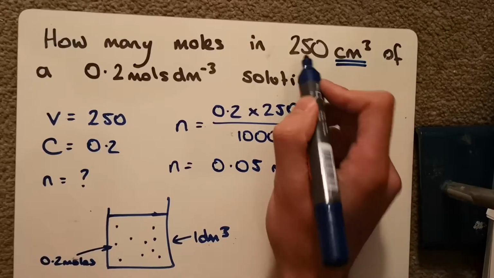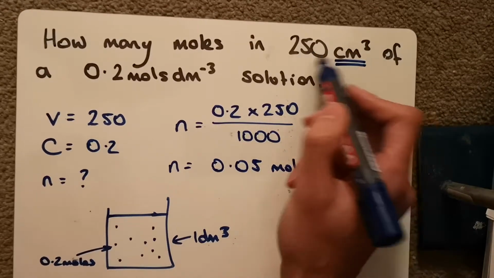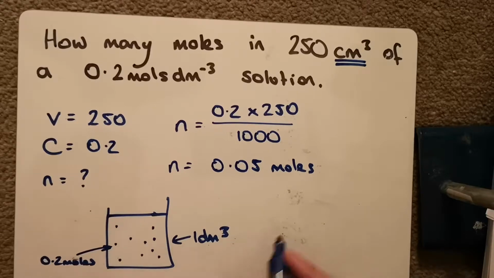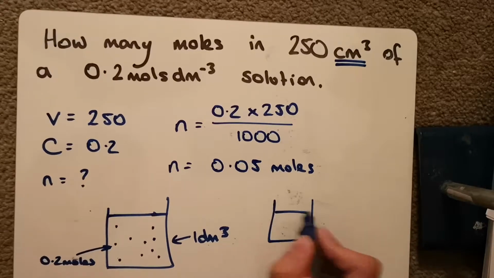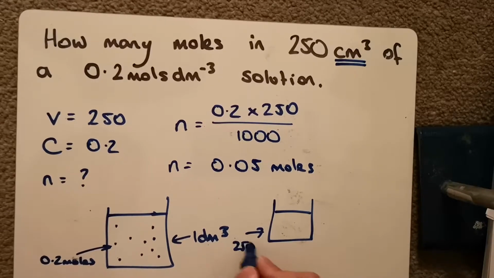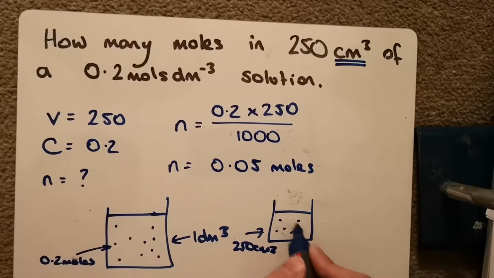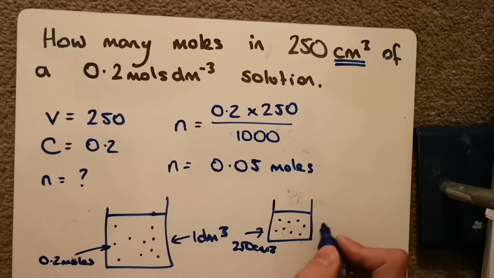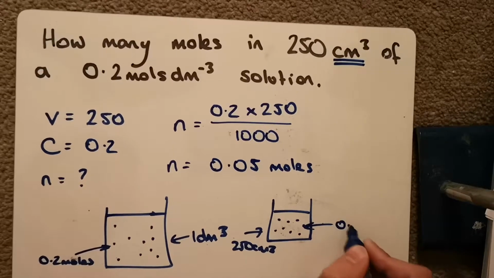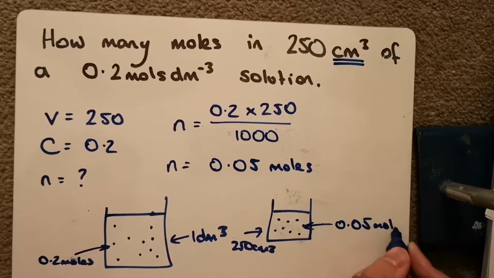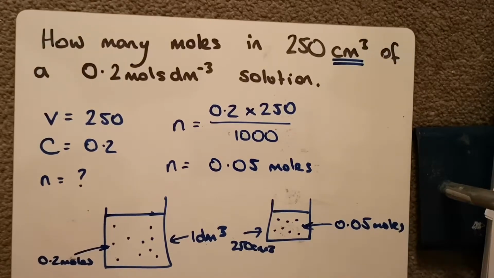But I don't have 1 decimeter cubed, I have a 250 centimeter cubed solution, which is exactly 1/4 of this. So in 1/4 of this, we're going to get 1/4 of the particles. So in here, we've got 0.05 moles. These concentrations are the same, but the number of moles are different because the volume's changed, and they're all in relation to each other.